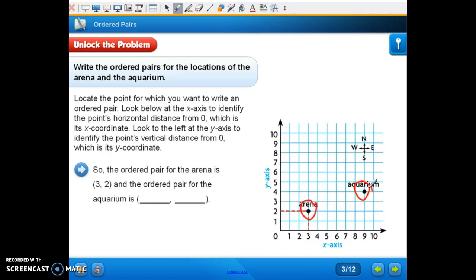Okay, so the ordered pair for the arena is, which do we go first? 3 across. So that goes first in our ordered pair. And then how many up? 2. So the ordered pair for the arena is 3, 2. And the ordered pair for the aquarium, we're going to go across, which is 9, and over, which is 4. So 9, 4.